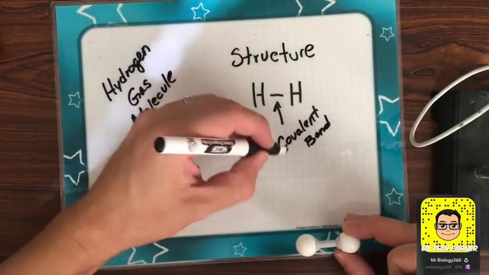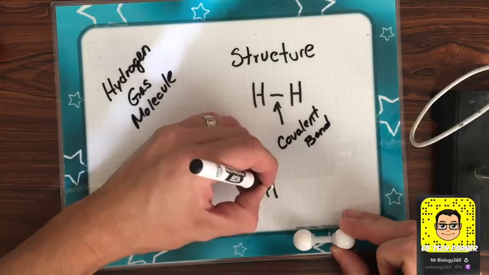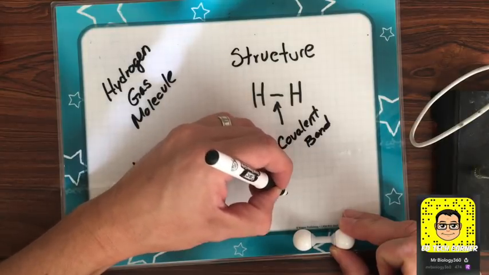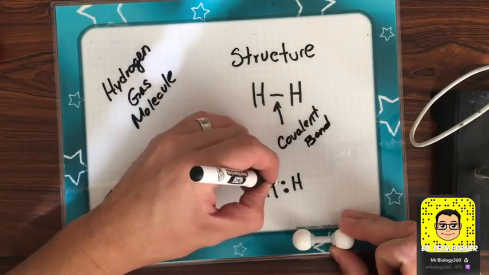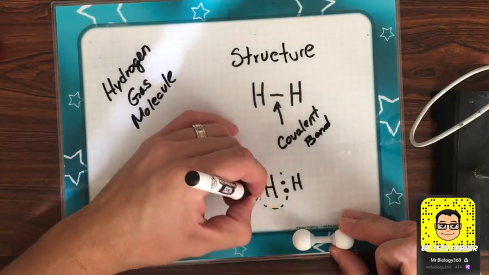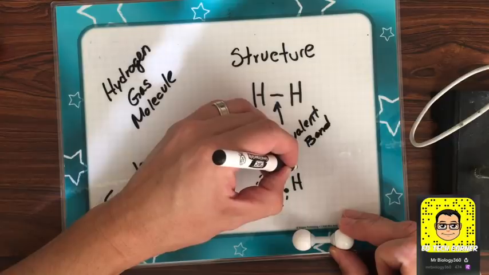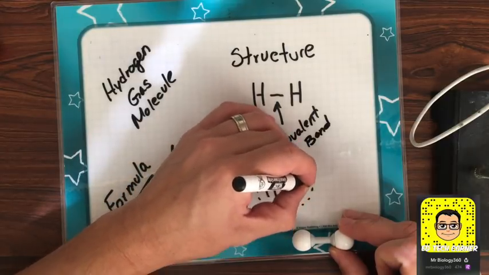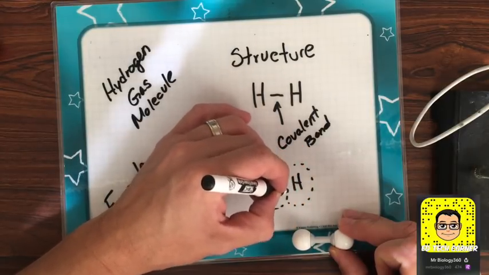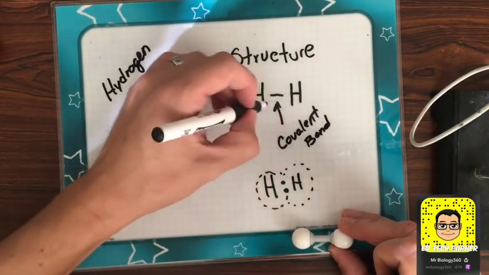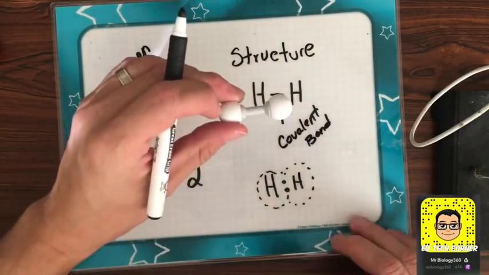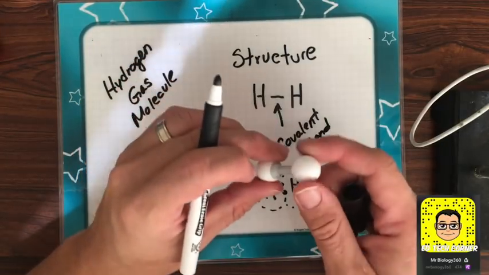If we show it in electron style, it looks something like this. Notice that this hydrogen now has 2 electrons, and this hydrogen has 2 electrons, because they're sharing each other's electrons. This sharing is what holds the 2 atoms together, and we call this a molecule.